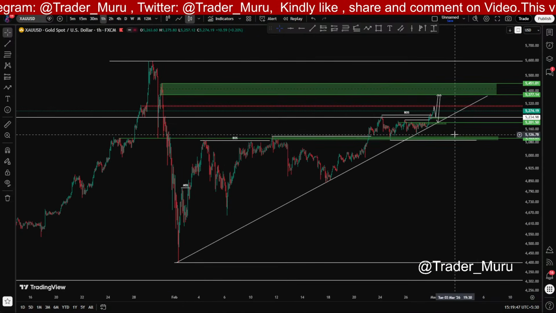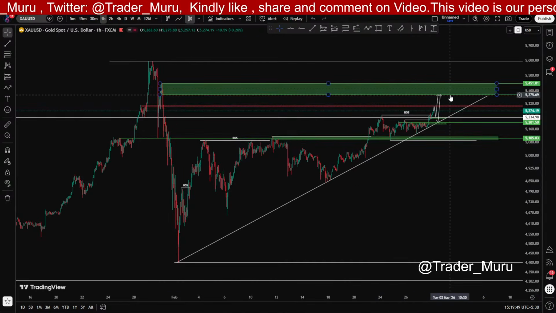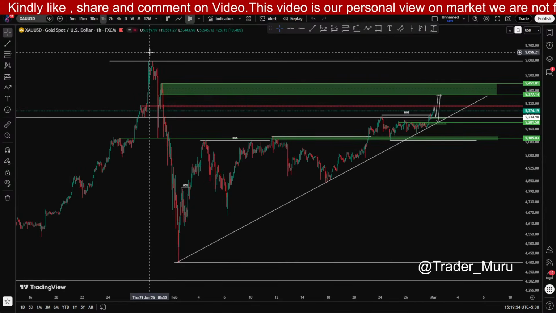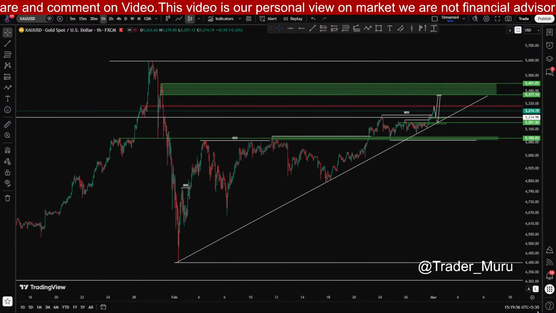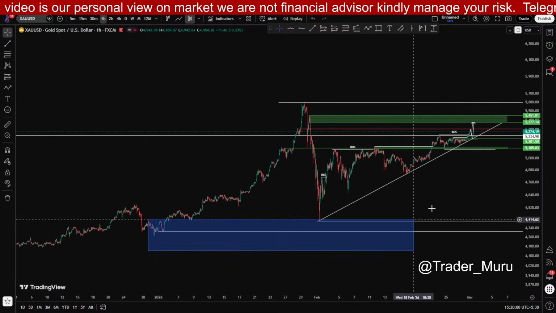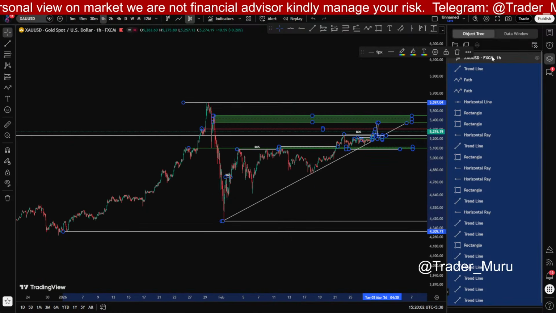The main position I'm watching right now is way different from the current market structure. I'm expecting market to create a daily time frame ABC pattern which will lead gold towards 3500.